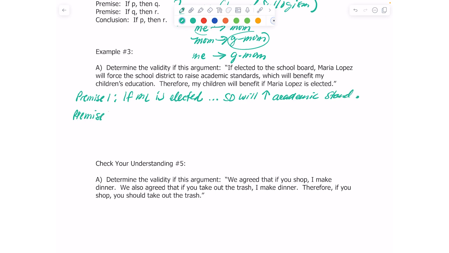Premise two, from that statement, which will benefit my children's education: if the school district raises the academic standards, what will happen? The children will benefit.